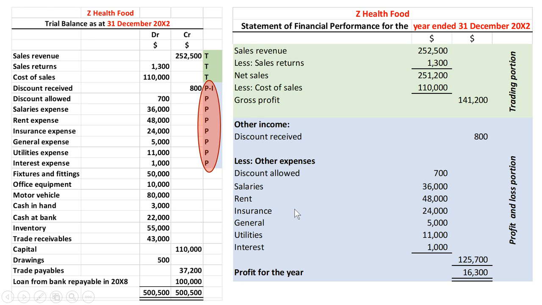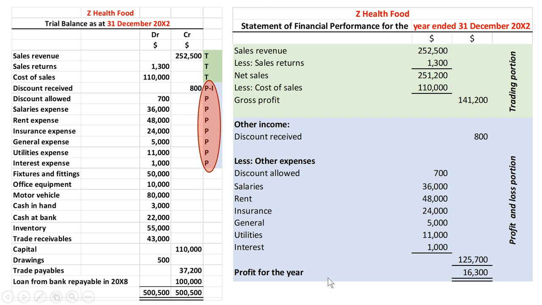Next, we add up all the other expenses by listing them down first from the trial balance, and then calculating a subtotal and putting the $125,700 of total other expenses in the subtotal column.